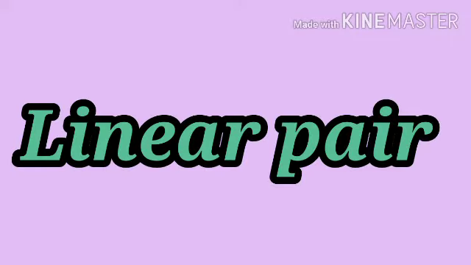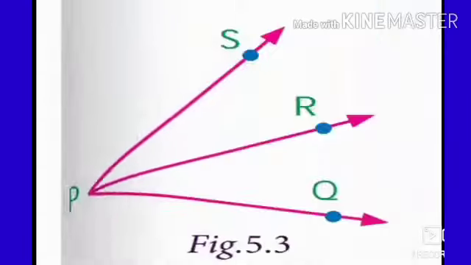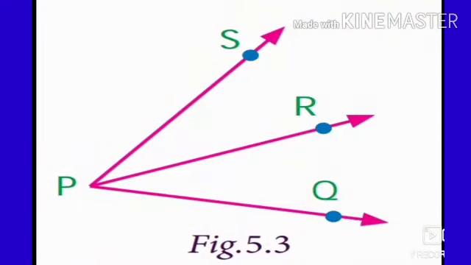Linear pair of angles. Now students, let us see about linear pairs of angles. Now observe the figure 5.3. Here QPR and RPS, these two angles, have a common vertex P and a common arm PR.